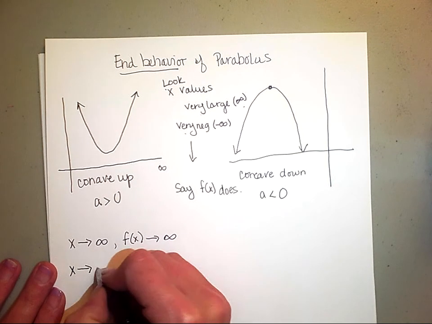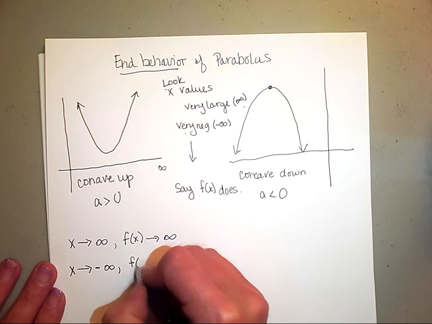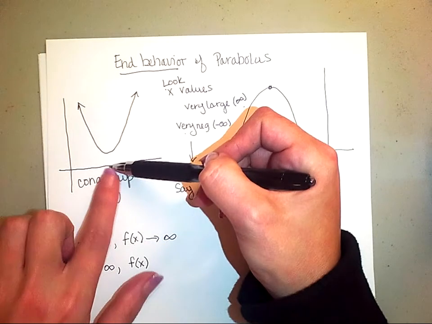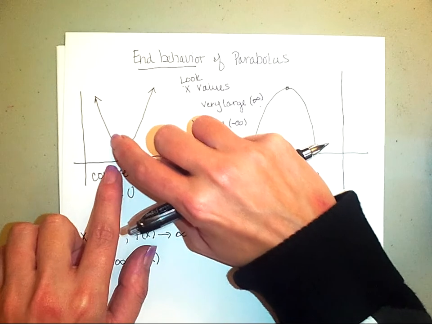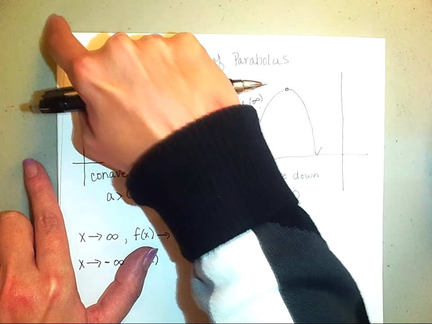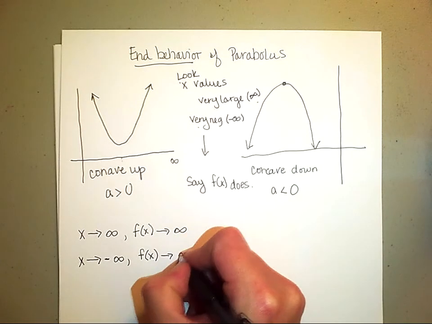Now let's see what happens as x gets very, very negative. So as x is going to negative infinity, what can I say about the function itself? As I'm taking off to negative infinity, the function values are still increasing, and they are headed to positive infinity.